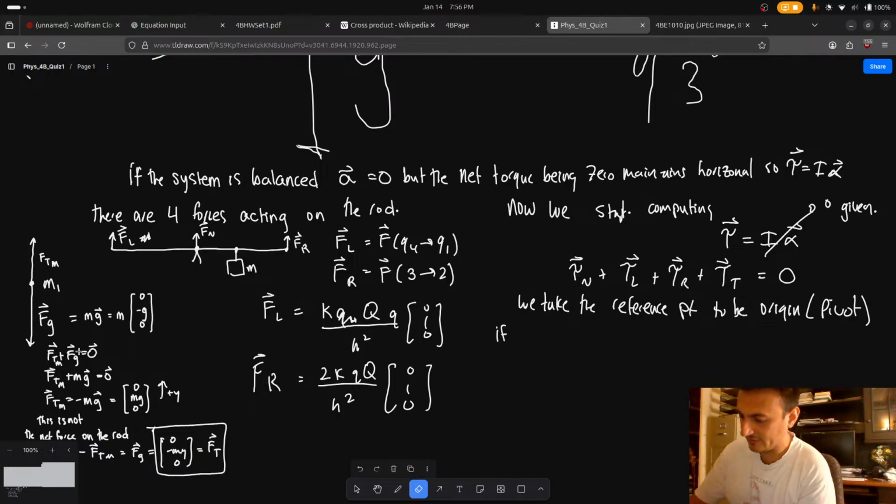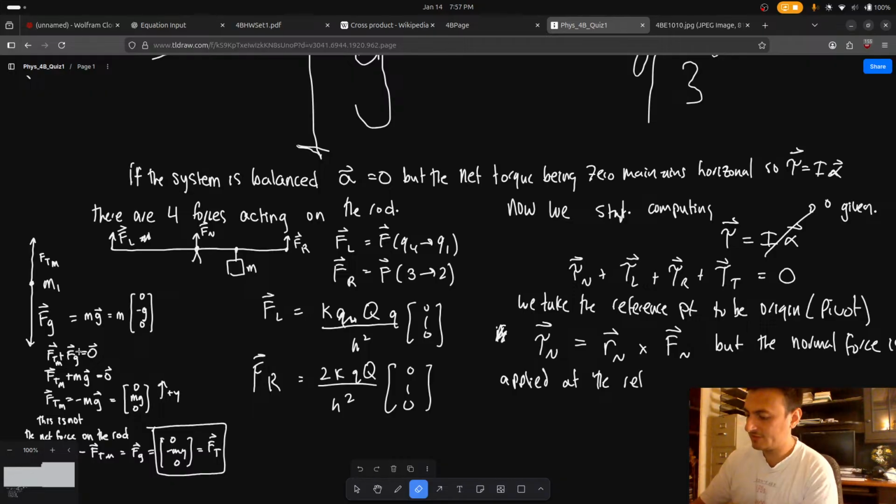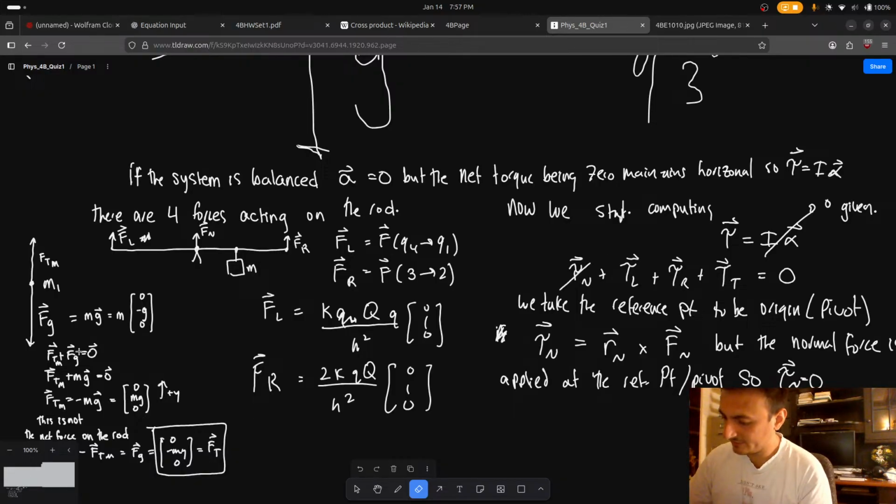If that's the case, then tau n is equal to Rn cross Fn. But the normal force is applied at the reference point, the pivot. So tau n is 0. Okay, so we can cross this one out.